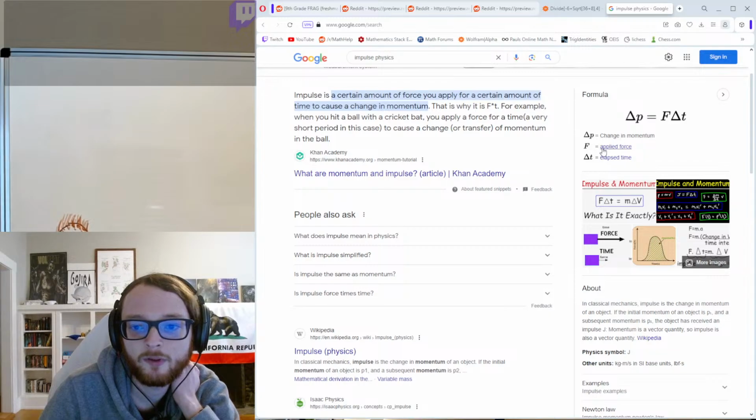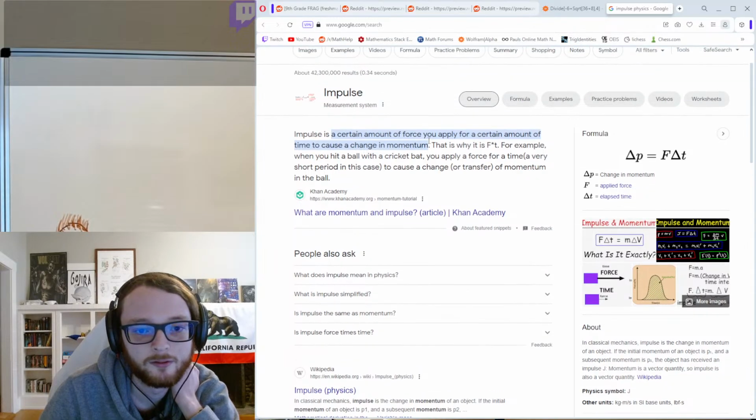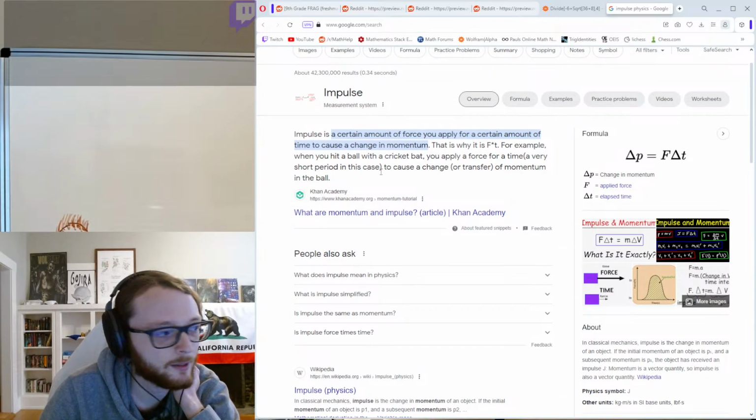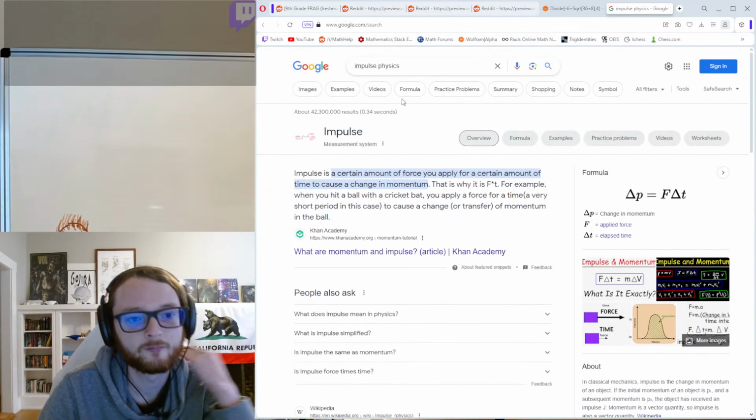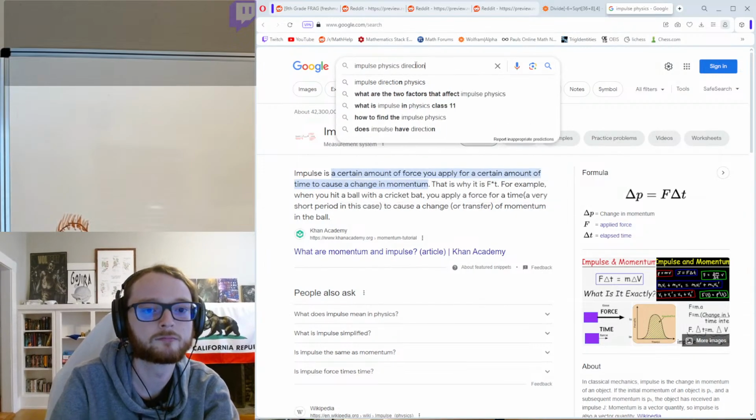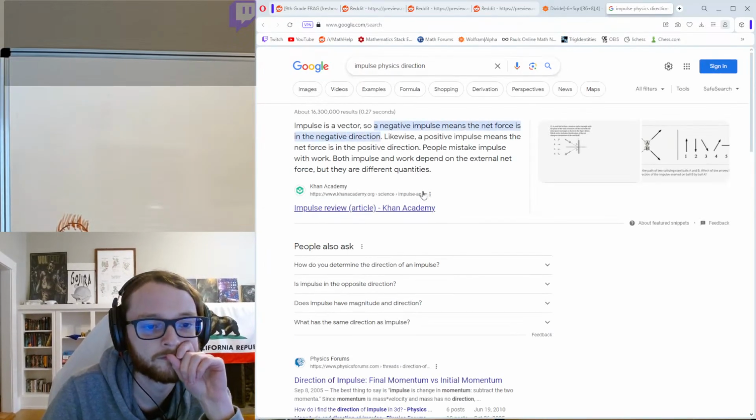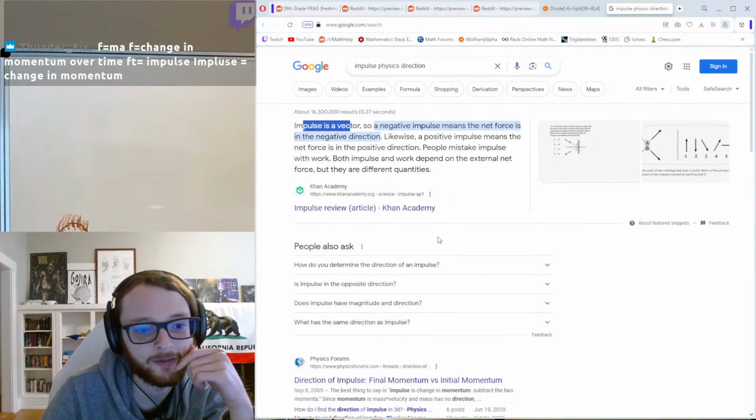Change in momentum. Okay, yeah. If it's defined by force, I would think that it has direction. Impulse is a vector. So, okay, I guess that's your answer right there.